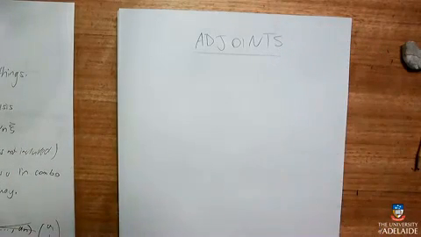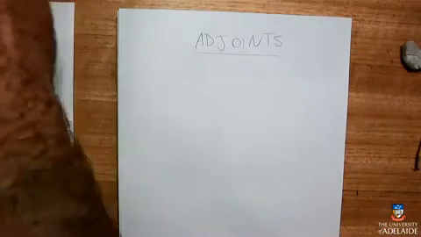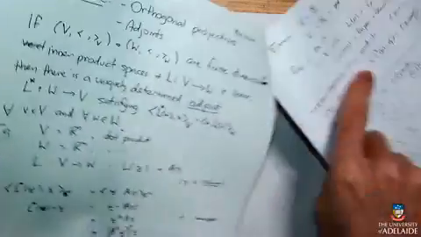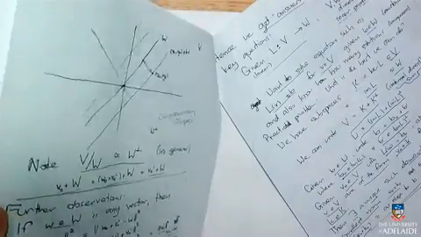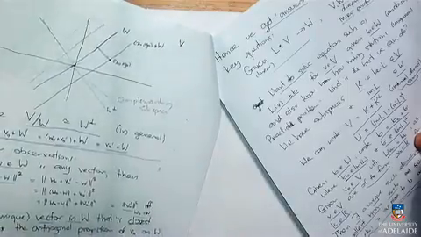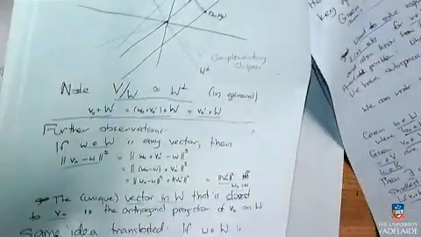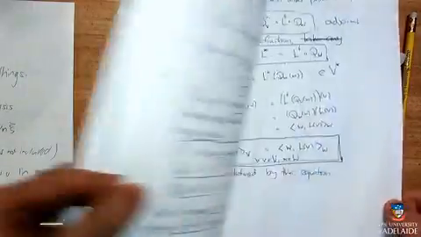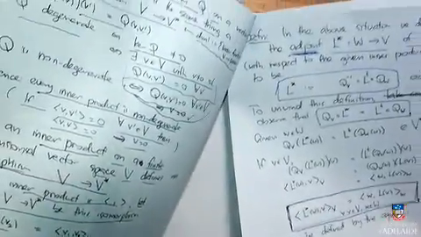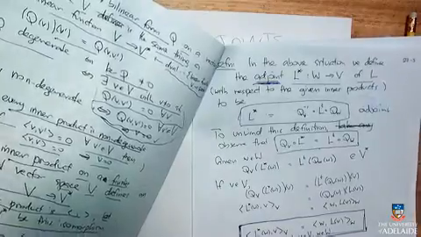Okay, so it says last time we had adjoints, so if I go back a bit we might be able to find them. Does he actually define them yet? "The above situation, we define the adjoint."